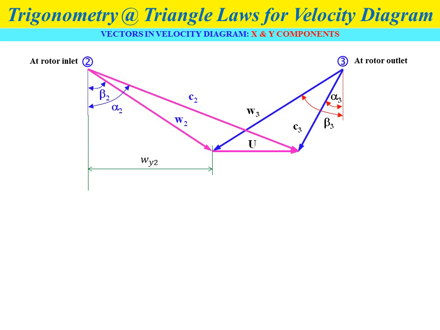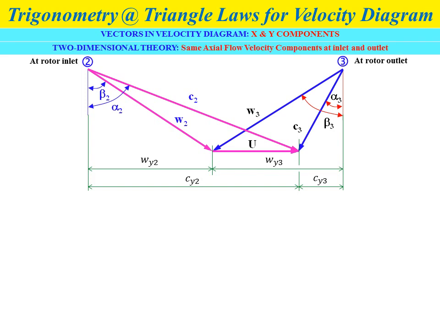As shown in the figure, the y component of the relative velocity W2 is Wy2. The y component of relative velocity W3 is Wy3. For absolute velocity vector C2, the y component is Cy2, and the y component for absolute velocity C3 is Cy3.